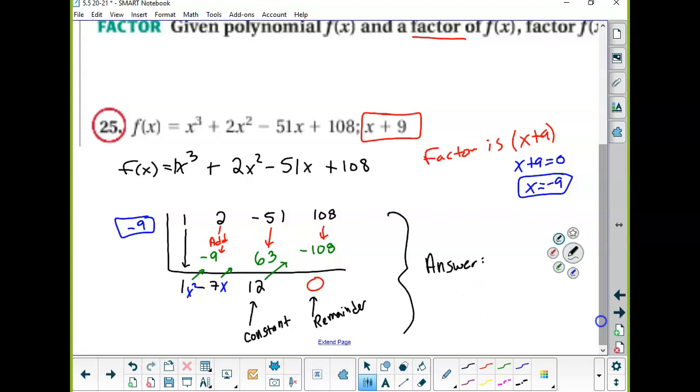If I took and factored this out, now notice they say factor the full function, so I want to factor this given f of x. Well, wait a minute. X plus 9 was already part of the answer, and what's left over is a trinomial. X squared minus 7x plus 12.